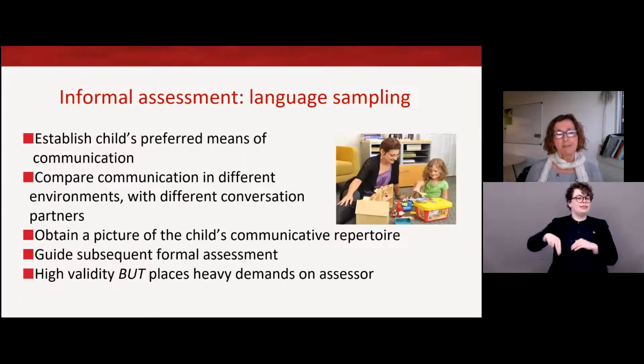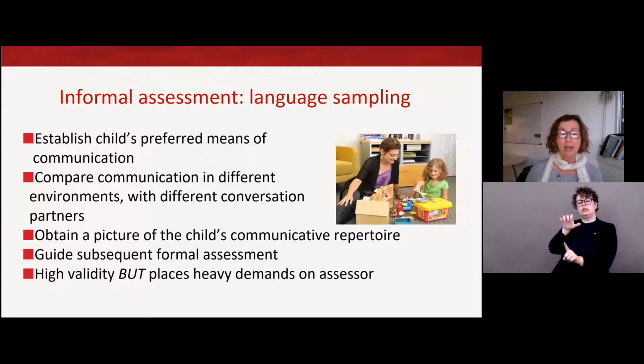So an alternative is informal assessment or language sampling, where we can literally just engage with the child, as we see in the picture here, playing with a child maybe, or have a conversation with an older child to find out a little bit about how they communicate. This is particularly useful if we're trying to establish the child's preferred means of communication, and especially if we want to look at children's communication in different environments.